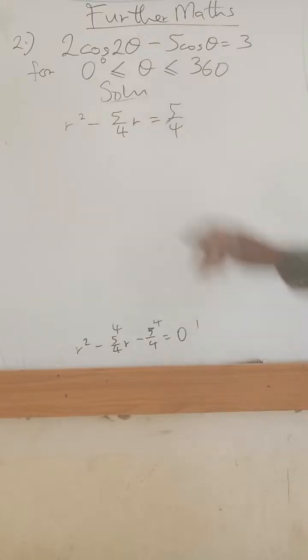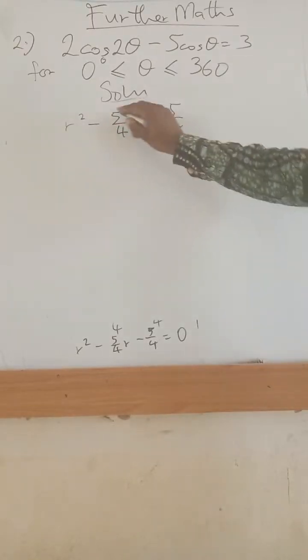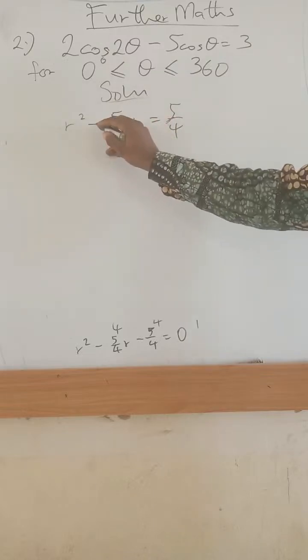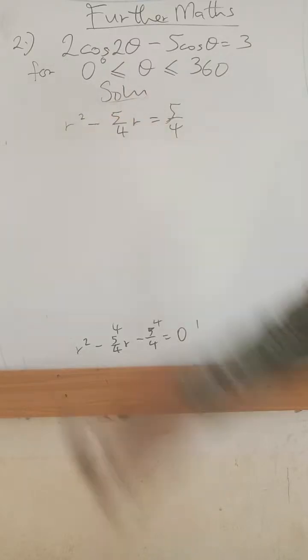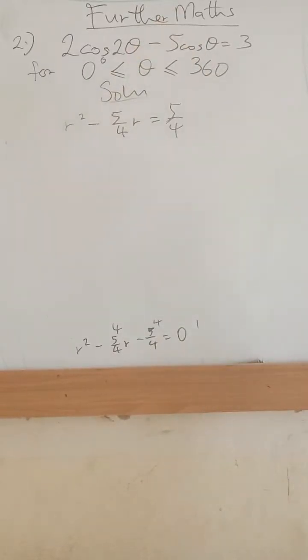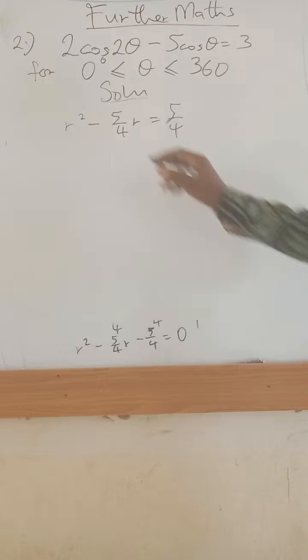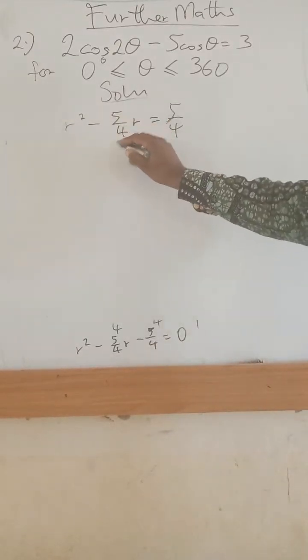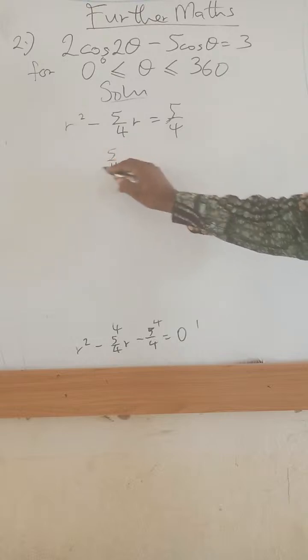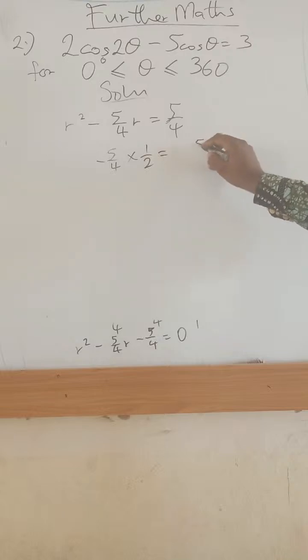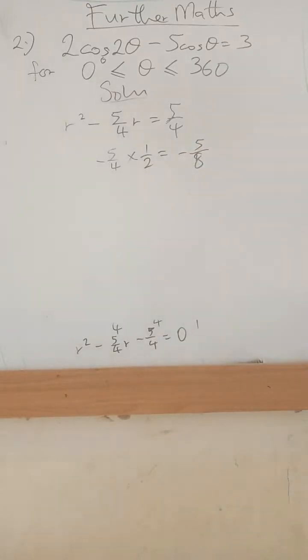Now, the next thing you want to do is consider taking half of the coefficient of r. The coefficient of r is minus 5 over 4. Half of 5 over 4 is going to give you 5 over 8, so minus 5 over 8.